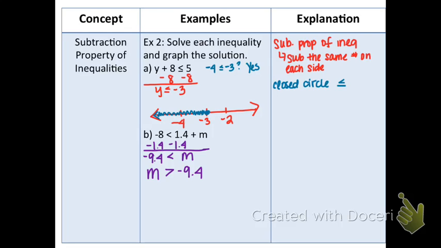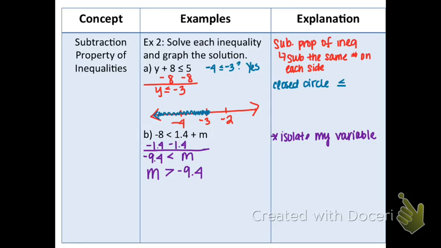So again, I'm using the subtraction property of inequality. And it may be worth noting here that I want to isolate my variable. Because just like how we're solving equations, it's the same process. It's just we have inequalities except for equal sign.